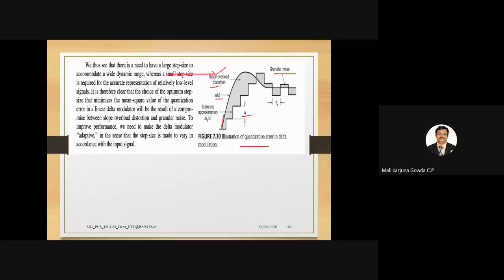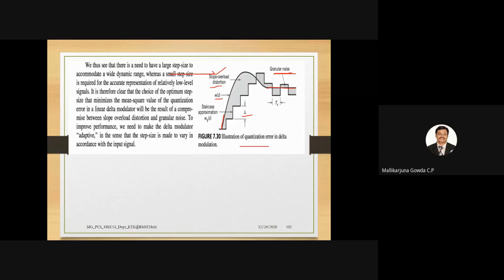Then, as I said, whenever the analog input signal is not changing at all, means it is constant, and the step size delta is large, it is oscillating between only two values, either plus delta or minus delta. Once it may be 1 and once 0, like 1 0 1 0 1 0. That we call granular noise.